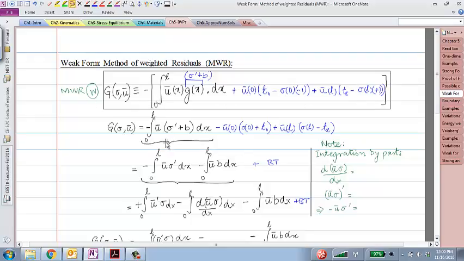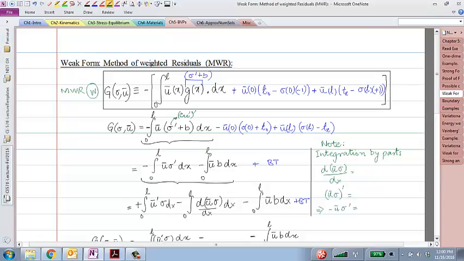Now we're going to do some manipulations onto it. So u bar times sigma prime plus B. We know that sigma itself is equal to C u prime, correct? So sigma prime would be equal to C u prime, whole prime. You agree?